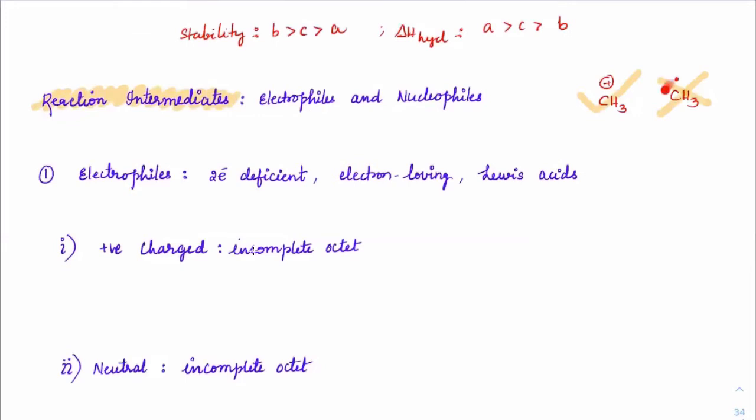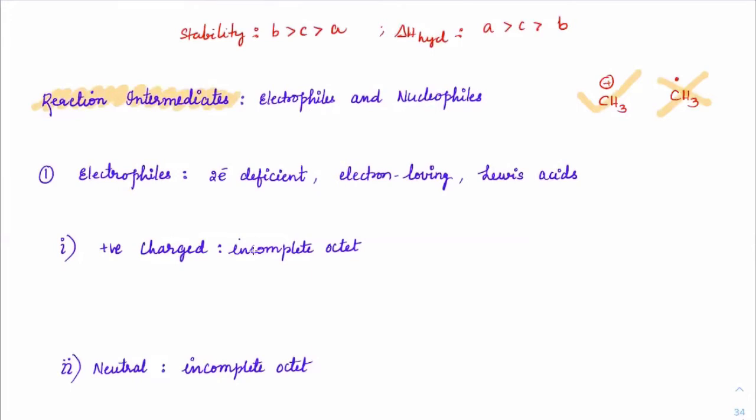So radicals are never electrophiles, mind you students, okay? Only positive charge or an empty orbital ones will act like electrophiles, and they will be electron loving species. Hence, all electron loving species where a pair is to be accepted are Lewis acids, right? So all electrophiles are also Lewis acids.